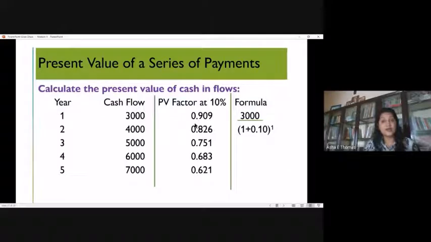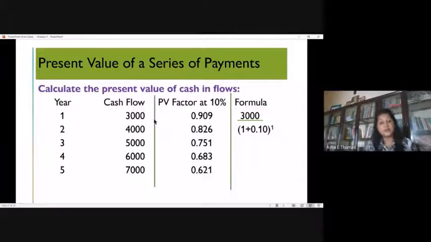For the first year at 10%, I will take this from the table and I can simply multiply with this. This is my first option. 3,000 into 0.909 will give me the value of 3,000 after 1 year. 4,000 into 0.826 will give me the value of 4,000 after 2 years. 5,000 into 0.751 will give me the value of 5,000 after 3 years.